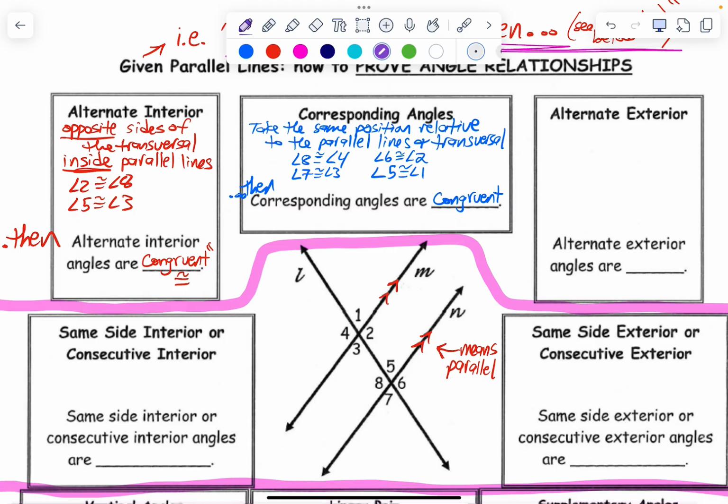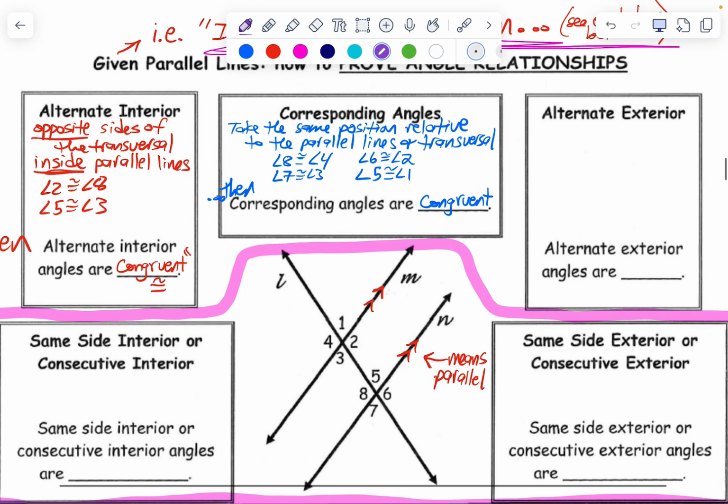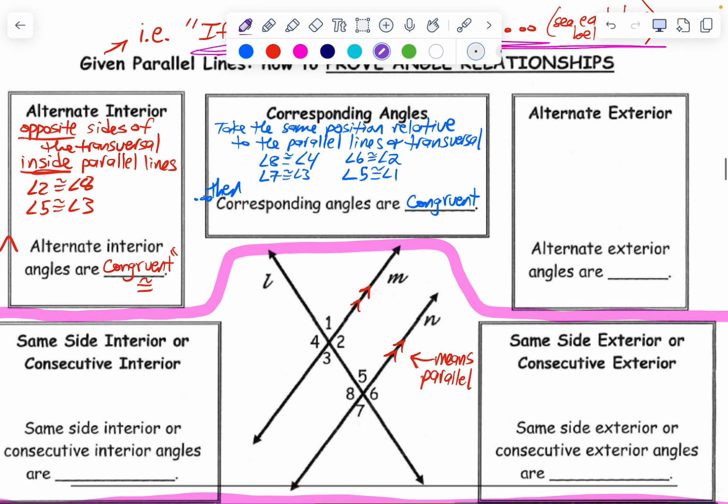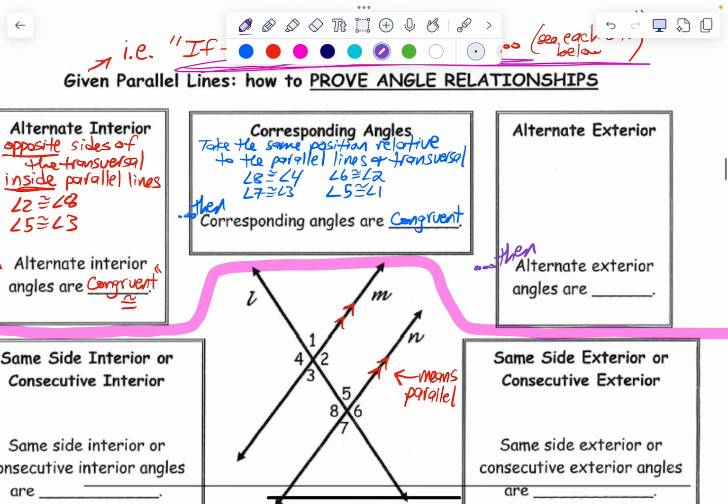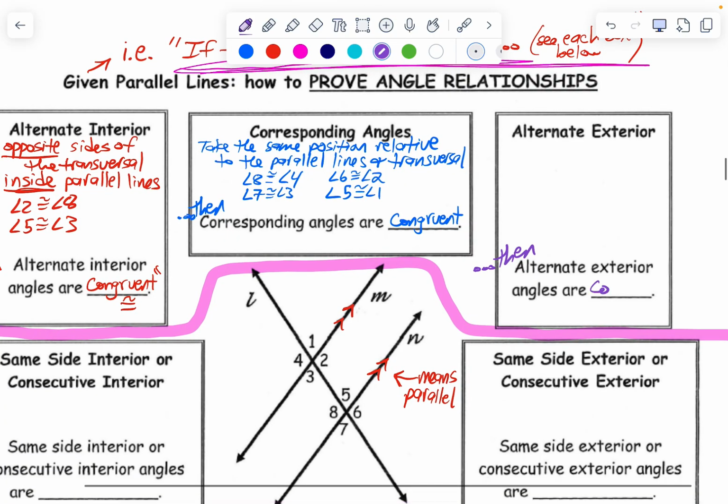All right, next set. So alternate exterior angles. If two lines are parallel, then alternate exterior angles are congruent. I bet you could define this after defining the first one.